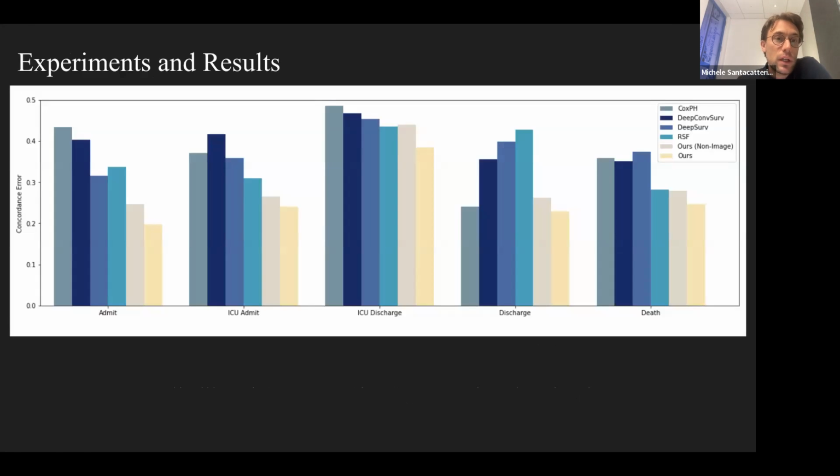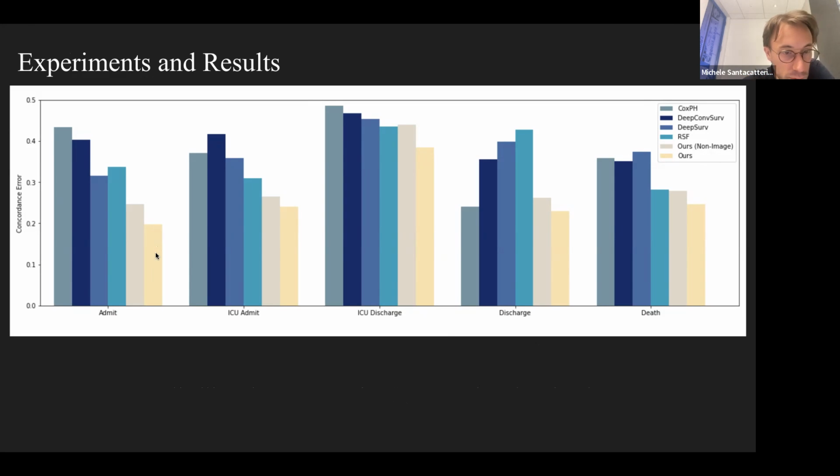Some results here: we compared our method with and without images against the traditional Cox model, random survival forest, and two deep learning versions of the Cox model.